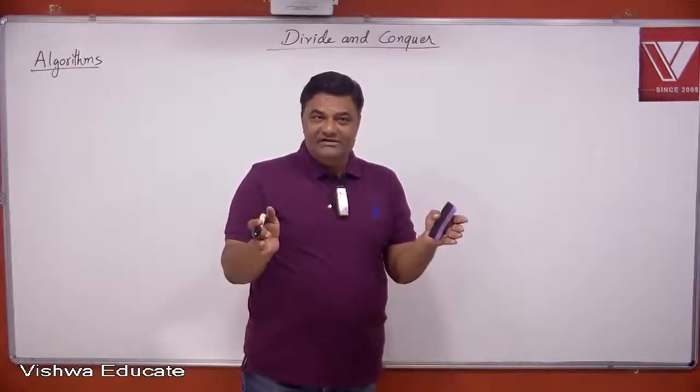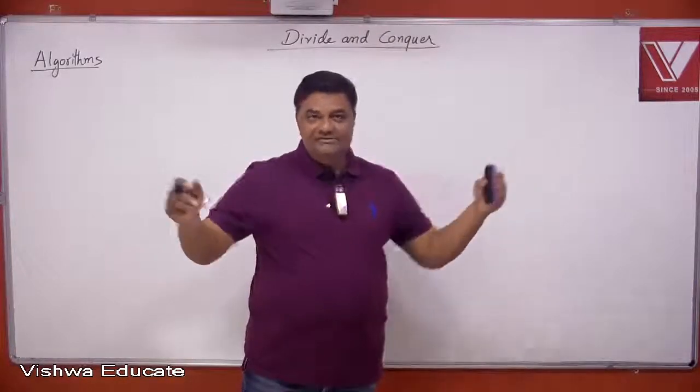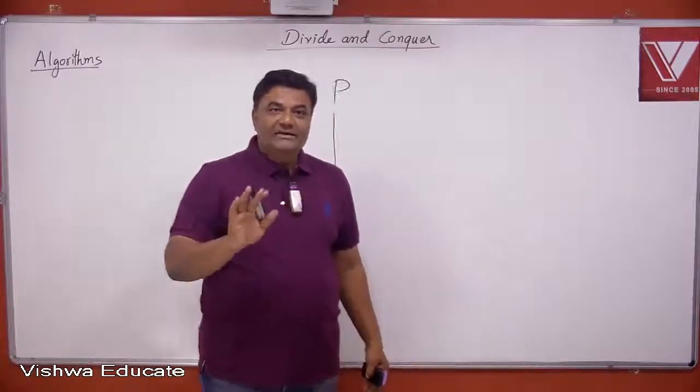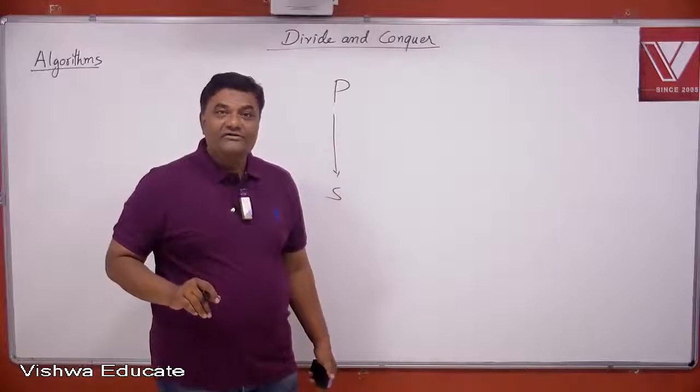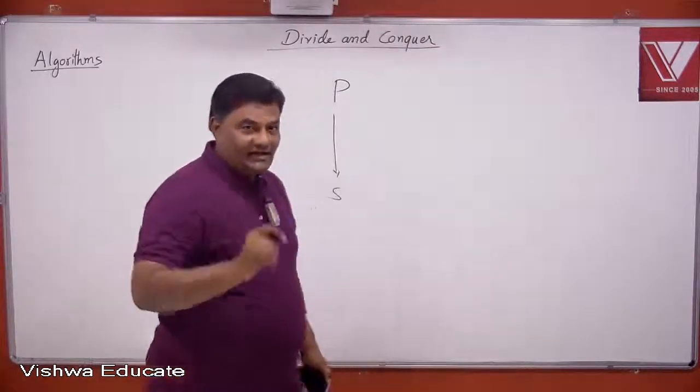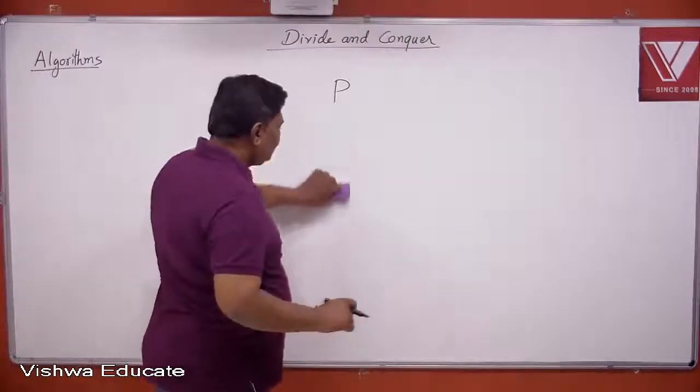If 10 numbers are given to you, 10,000 numbers, or 10 million numbers. So it is based on the size of the input. The problem is large if the size of the input is large. Then what to do? Let us see.